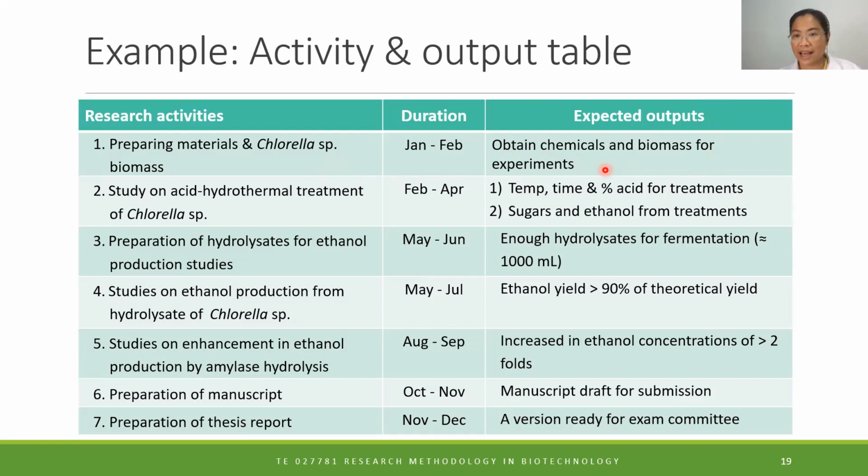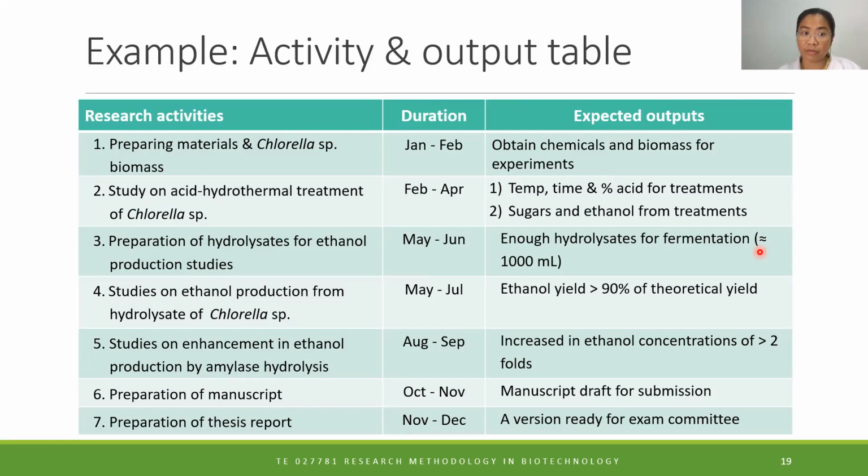If you don't get that, that means that you are not reaching your goal. Okay, research activity 2, you do the experiment and you are expected to get the temperature, time, and percent acid for the treatment, and you also want to know the sugar and ethanol that you get.